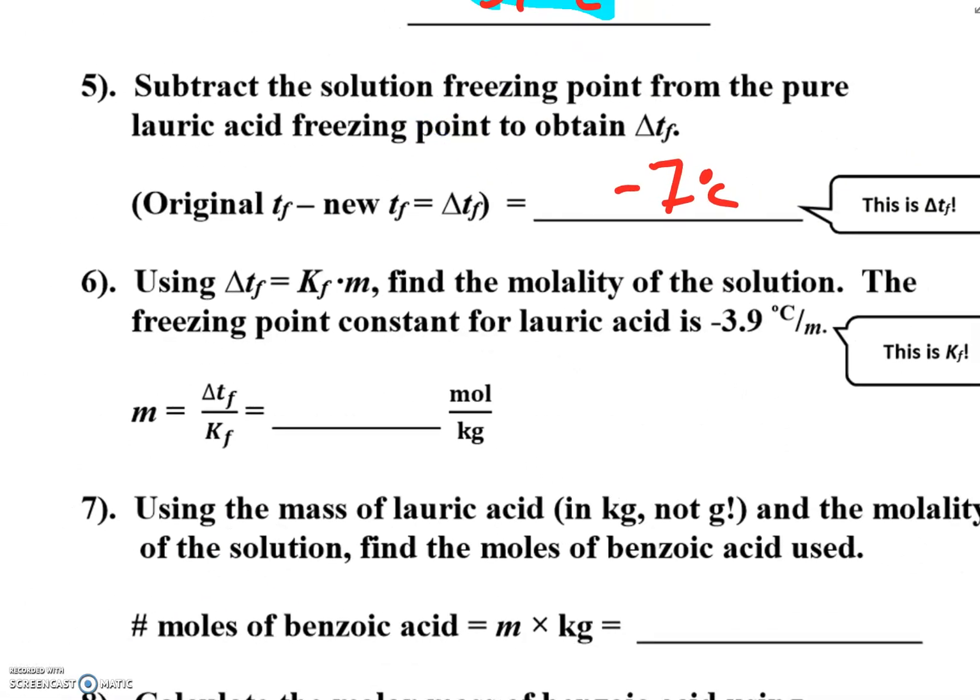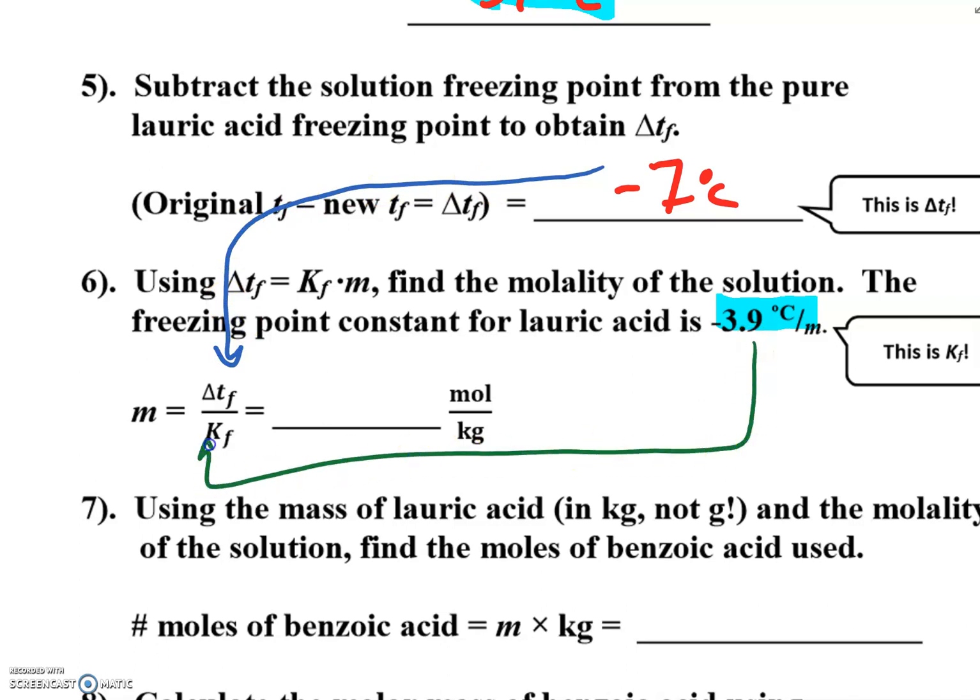We know the Kf, fulvoric acid, that's our solvent, is negative 3.9 degrees Celsius. So we're going to take our freezing point depression, negative 7. We're going to take our Kf, negative 3.9, and we're going to plug those right into this equation.